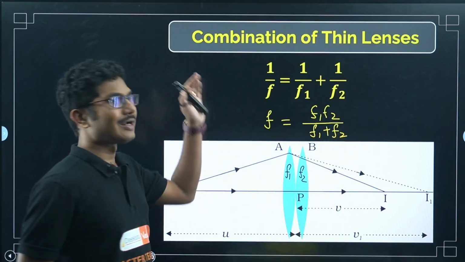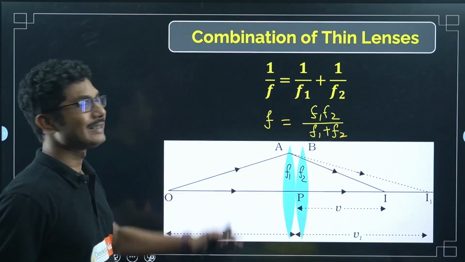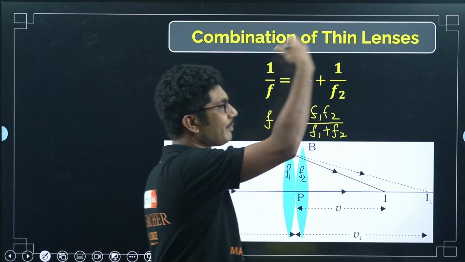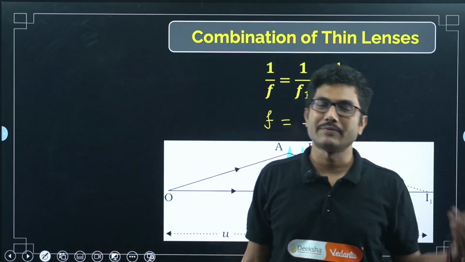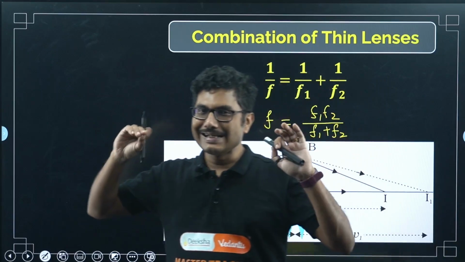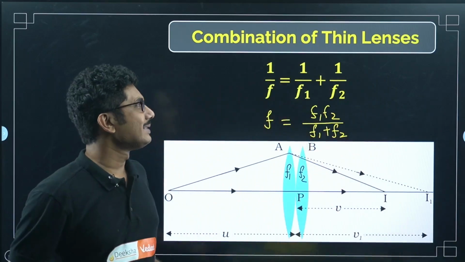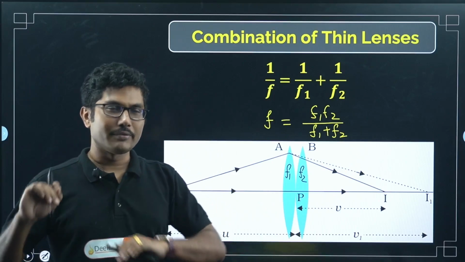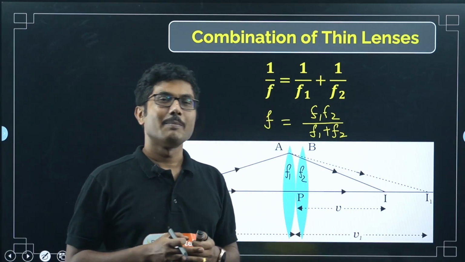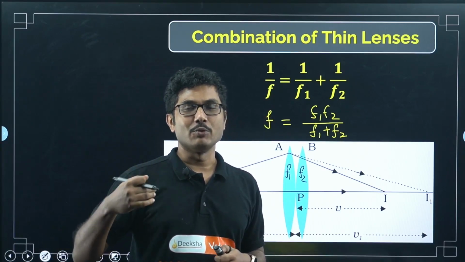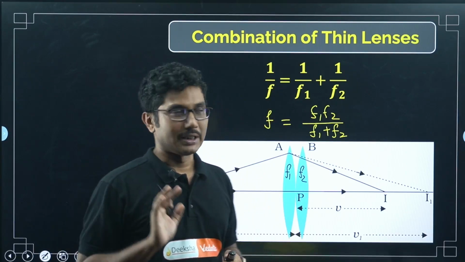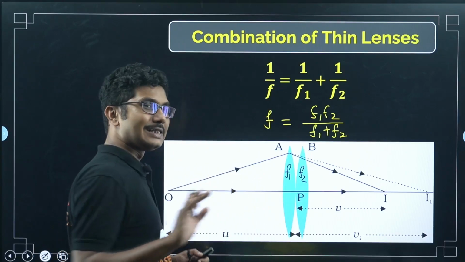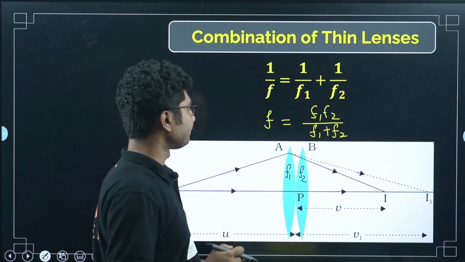If a third lens is present, with three lenses in contact, then 1 by F is 1 by F1 plus 1 by F2 plus 1 by F3. But for KCET level, more than two lenses is very rare. It never came more than two lenses. In PU level also two lenses are sufficient, but in JEE levels maybe more than two lenses will come. But for KCET level, up to two lenses is sufficient.